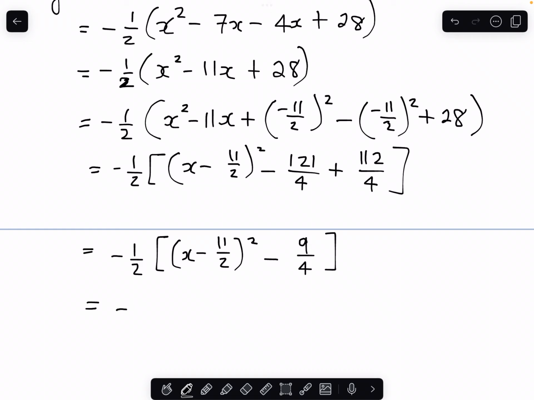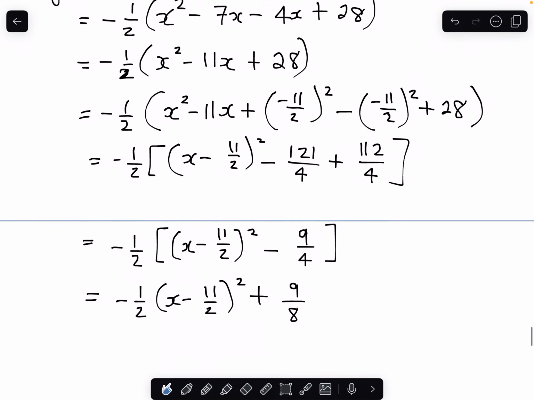And then if we multiply the minus a half in, we get positive 9 over 8. Okay, let me just copy this so that we have it as a reference.